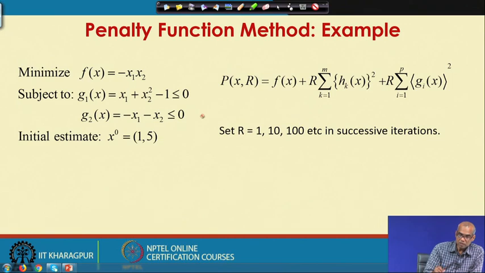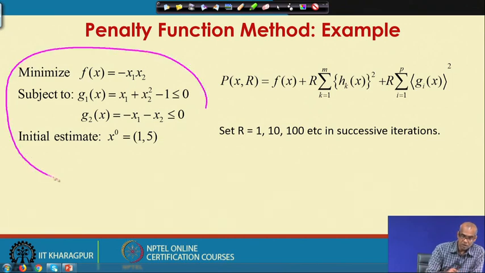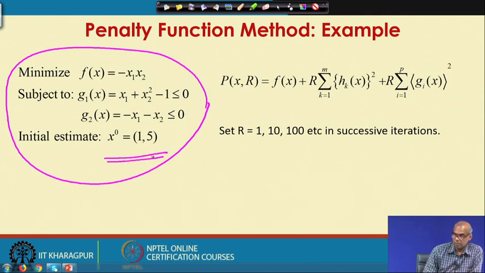Let us consider this nonlinear programming problem. You have to minimize the function f(x) equal to minus x1 x2 subject to two inequality constraints. Initial estimate is x1 equal to 1 and x2 equal to 5. So, how do you go about it? You formulate the penalty function.